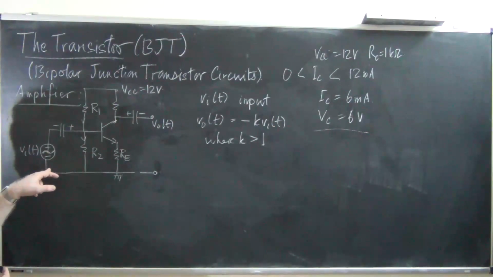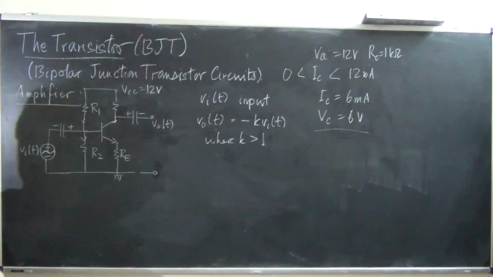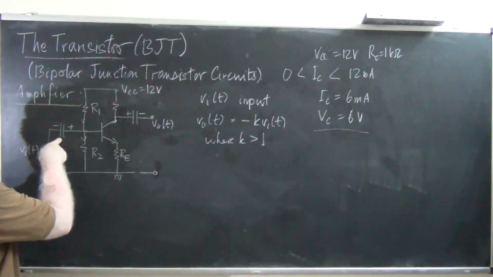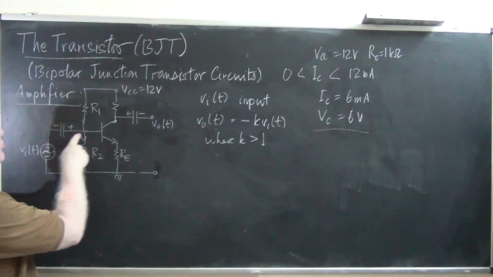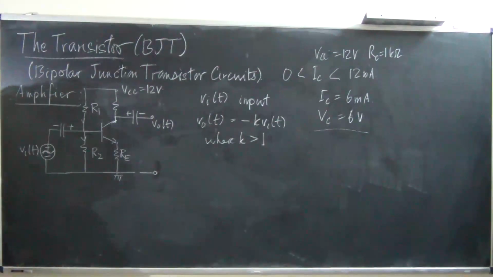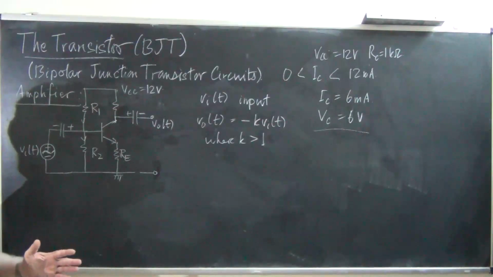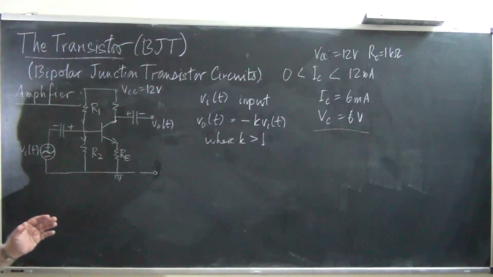So the countermeasure is to put capacitors that block DC signals both on the input side and on the output side. So all the DC magic in this circuit occurs strictly between these two capacitors.